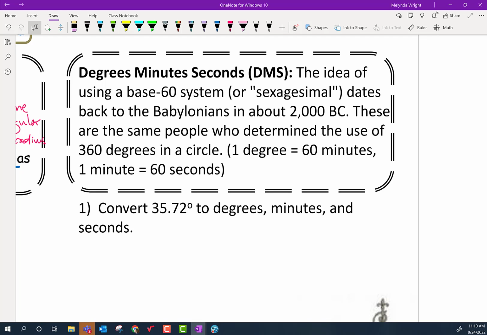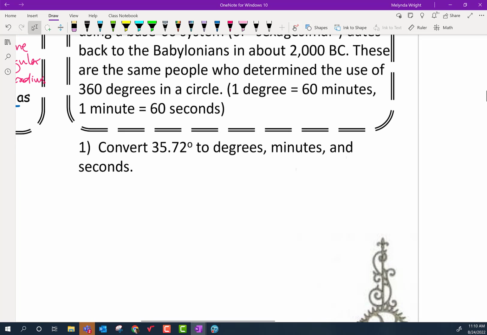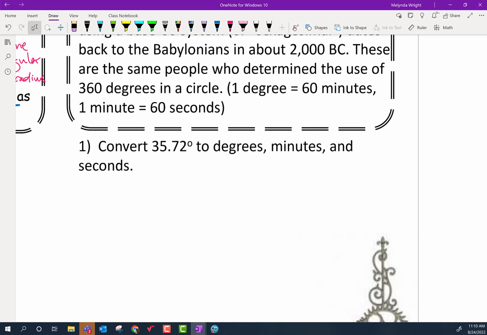So what we're going to do is take a number and convert it to degrees, minutes, seconds. Now, your calculator, I'm pretty sure there's a button that will do this. I don't remember where the button is, but I want you to know how to do it if you just have a plain old calculator. This is called a decimal degree.